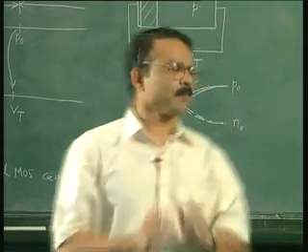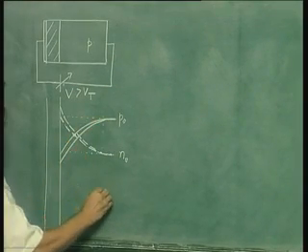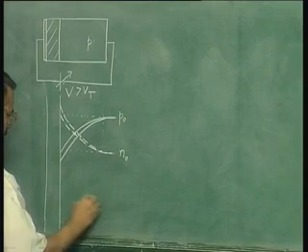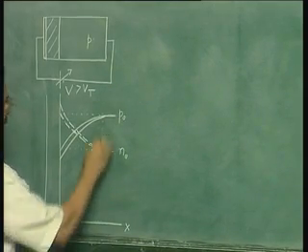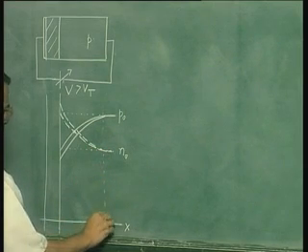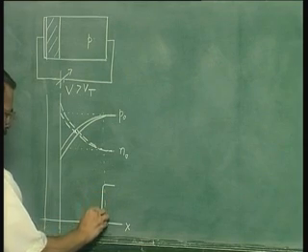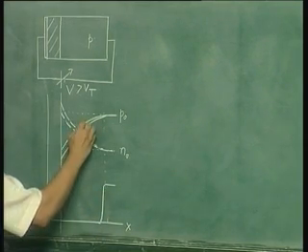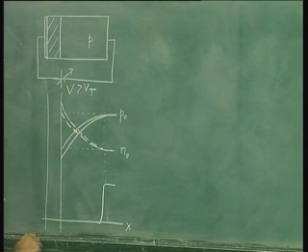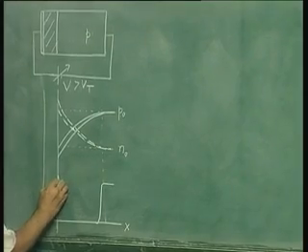Let us see why. Let us plot these same concentrations on the linear scale. So this is the hole concentration, and this is the electron concentration at threshold.